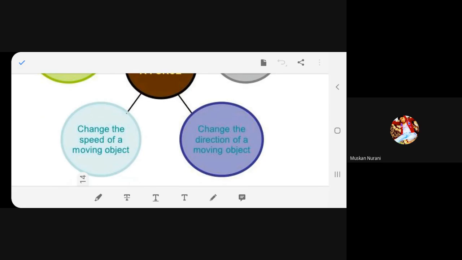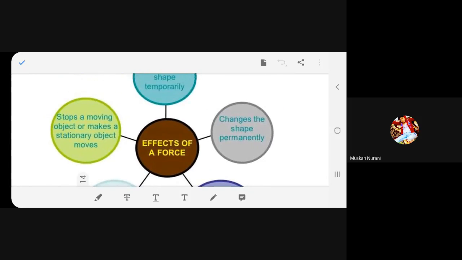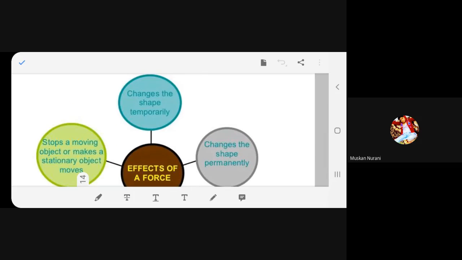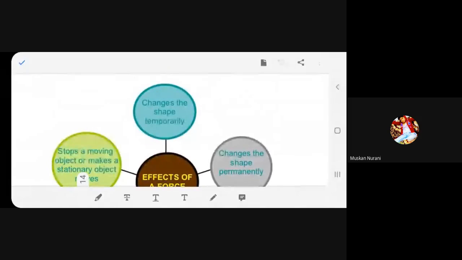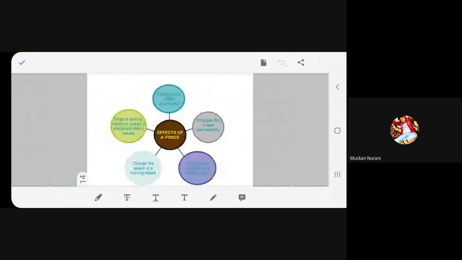Number four: change the direction of a moving object. Then: stop a moving object or make a stationary object move. This one you have already read. This is temporary. You have already read it. All these options we are going to read in detail.